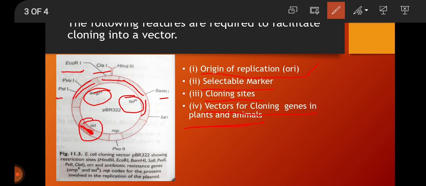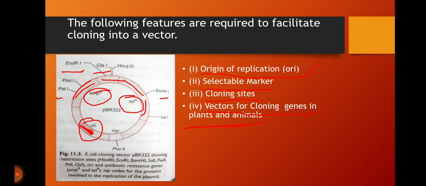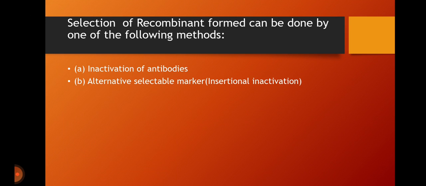It delivers a piece of DNA known as the T-DNA, which transforms normal plant cells into tumor cells to produce chemicals against pathogens. Retroviruses and adenoviruses are also now used as cloning vectors in animals because of their ability to transform normal cells into cancerous cells. They are first disarmed and then used to transfer desirable genes to animal cells. So this was about the cloning vector.